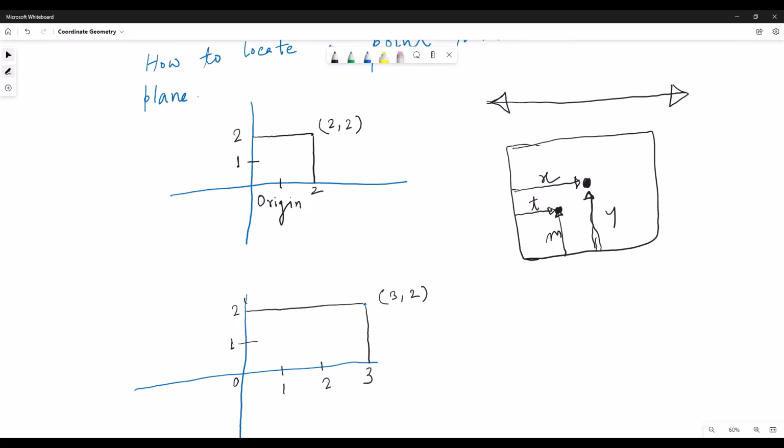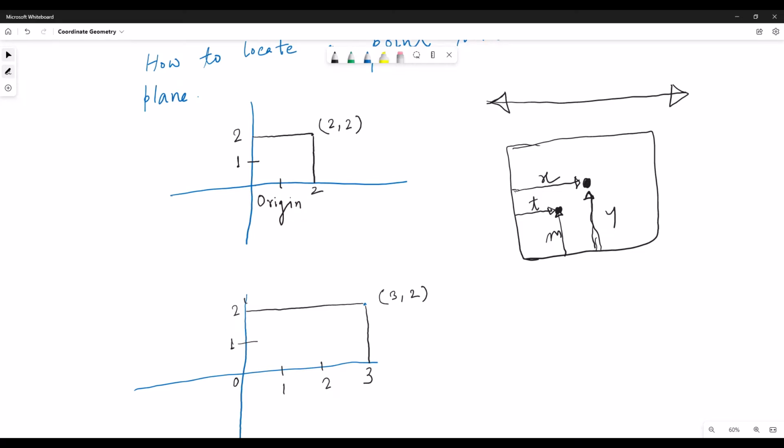So to uniquely identify a point in a plane, the plane is what? A playground is a plane. Your tabletop is a plane. The floor is a plane, right? The city is a plane. A city can be a plane if all the heights of the city are the same. Then that is a plane.